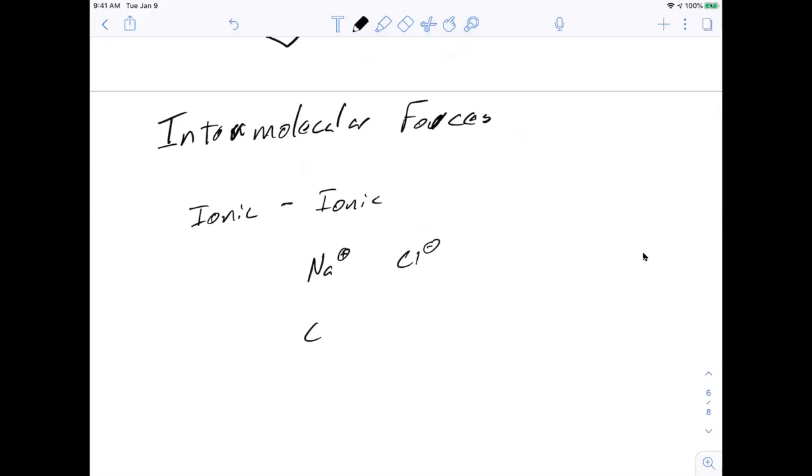So if I have a bunch of salt in a cube, I'm going to have interactions not only this way, but I'm also going to have it that way, right?